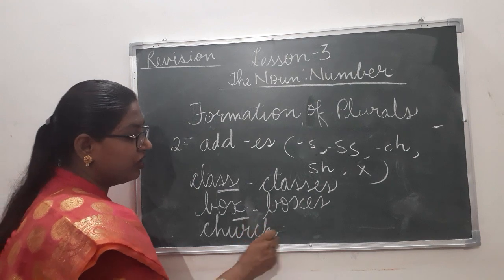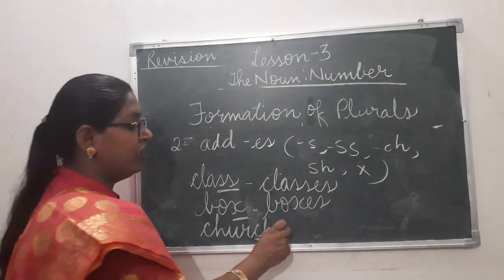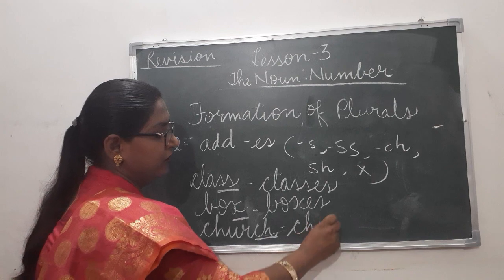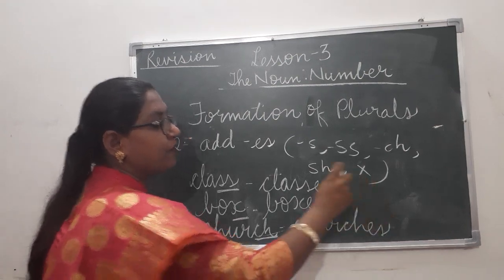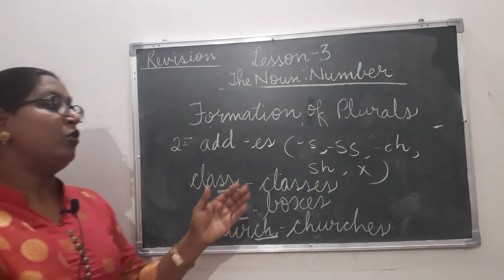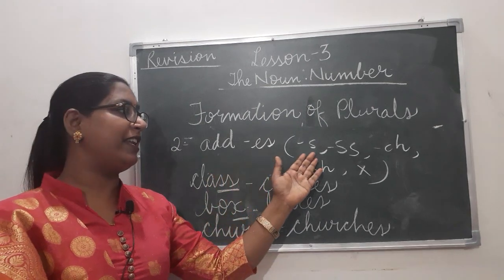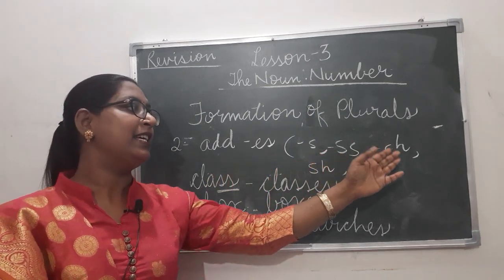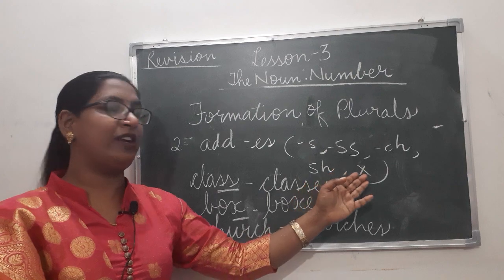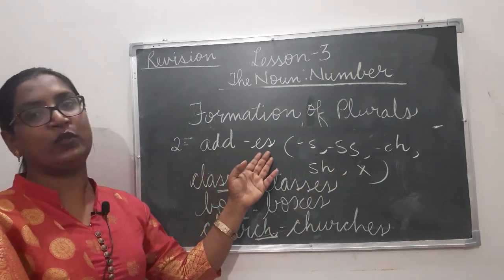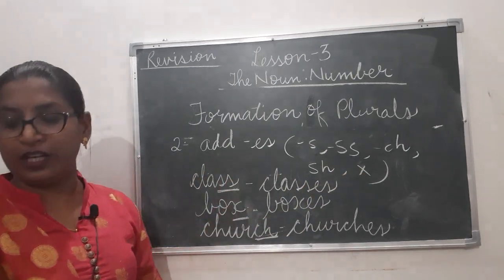The word church, ending with ch, becomes churches. So always remember, when the singular noun is ending in s, ss, ch, sh or x, we add es with it to make a plural noun.